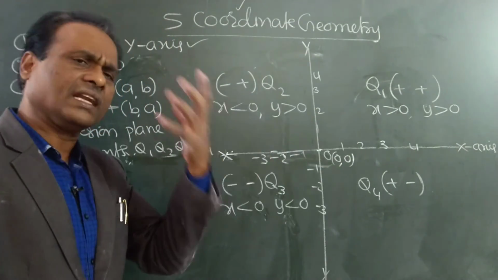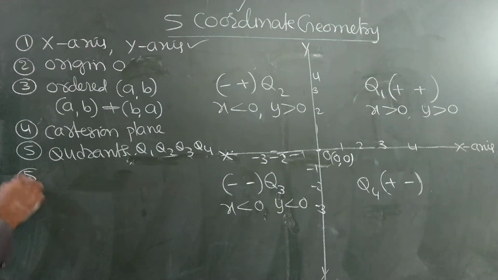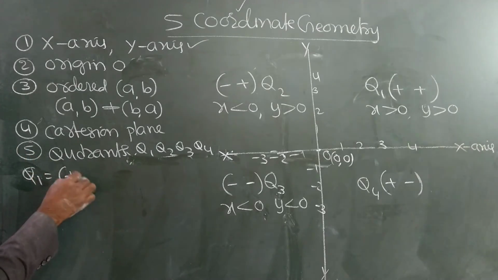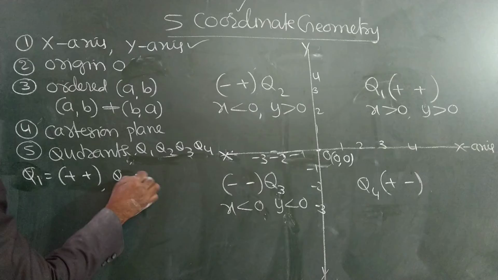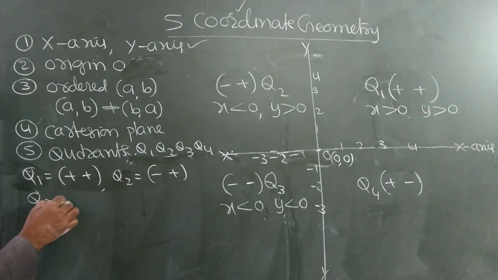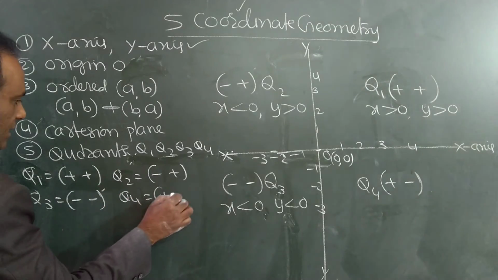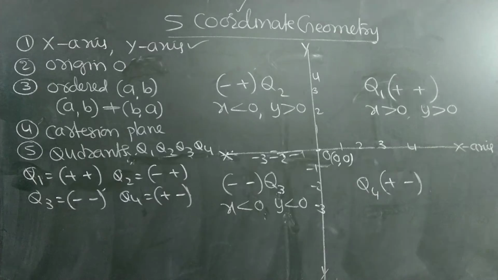You can attend any type of objective question. Next, Q1 plus plus, Q2 minus plus, Q3 minus minus, Q4 plus minus, like this.